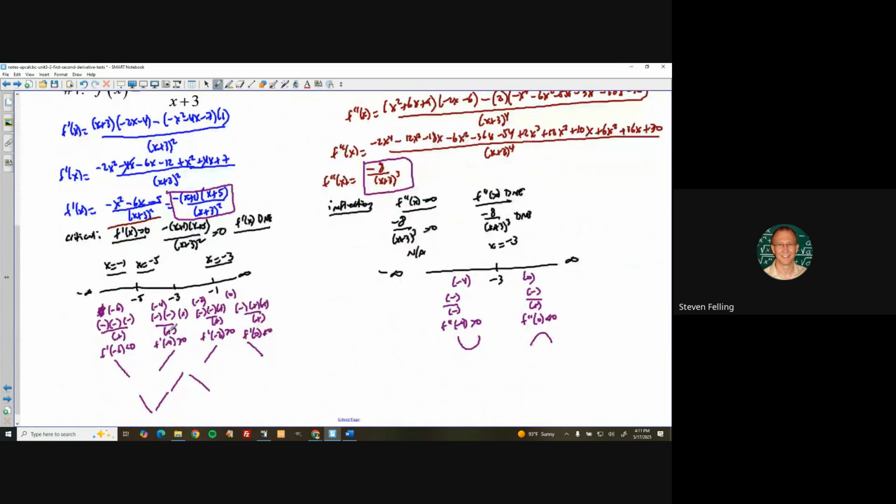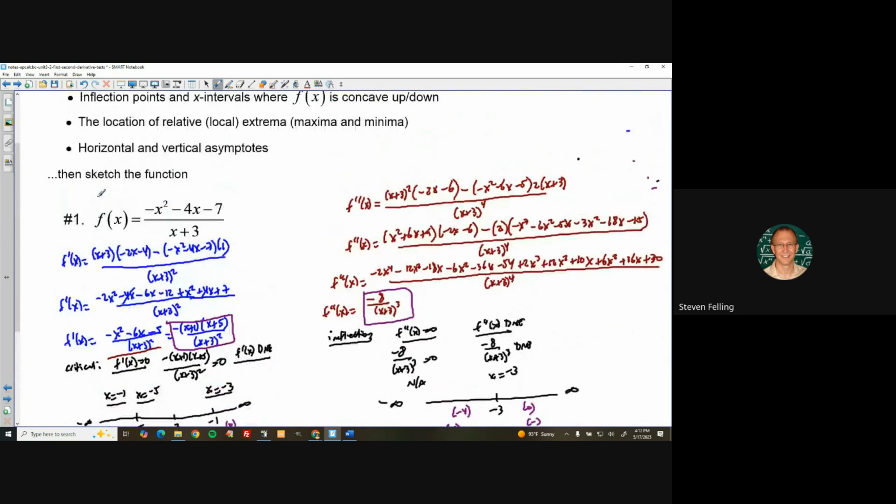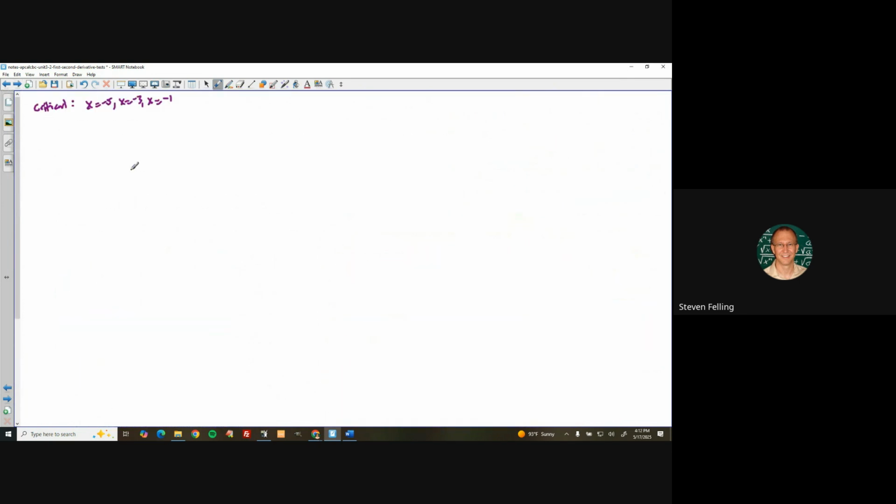So this function is increasing from -5 to -3 and increasing from -3 to -1. So let me say this, f is increasing from -5 to -3, using interval notation, and -3 to -1. And it is decreasing on the other intervals. So from -infinity to -5 and from -1 to infinity, those regions are where it's decreasing.